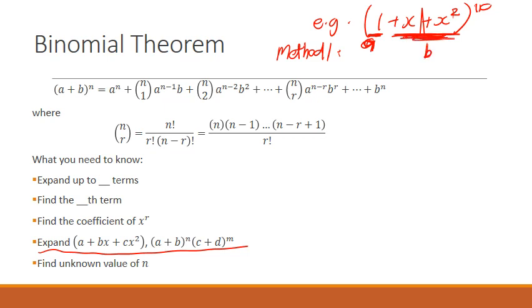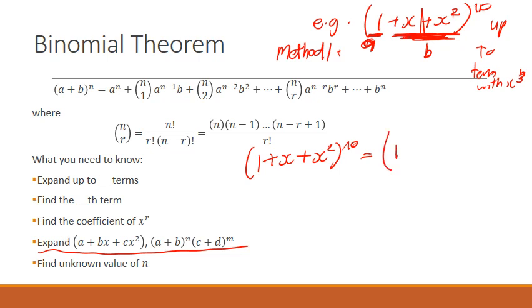All right. So what will happen will be you will have something like this: 1 plus x plus x squared to the power of 10 equals to, let's say I want to expand up to the term with x to the power of 3. First of all, over here, I will have 1 to the power of 10 plus 10 choose 1, 1 to the power of 9, and I will have x plus x squared to the power of 1.